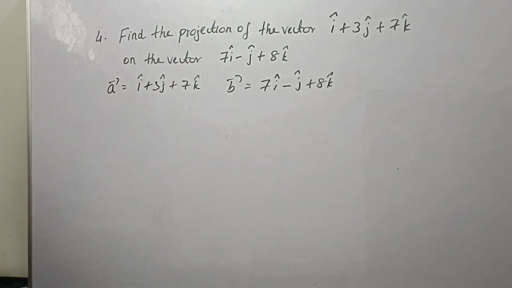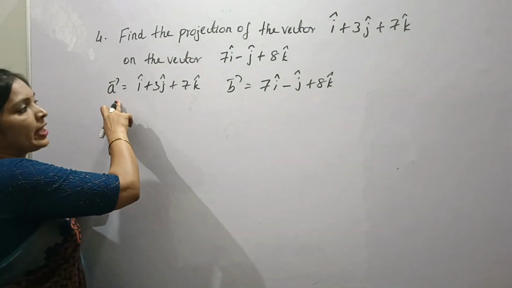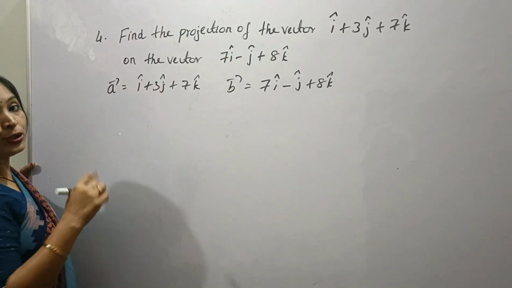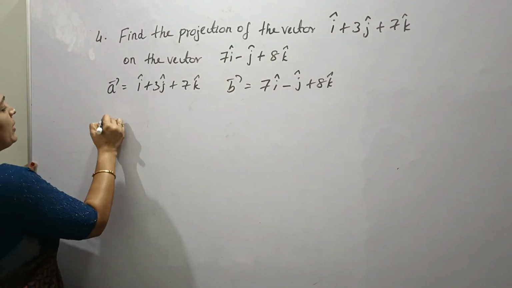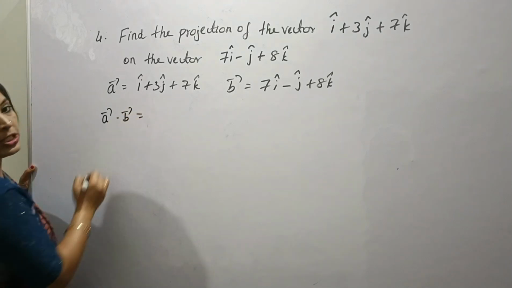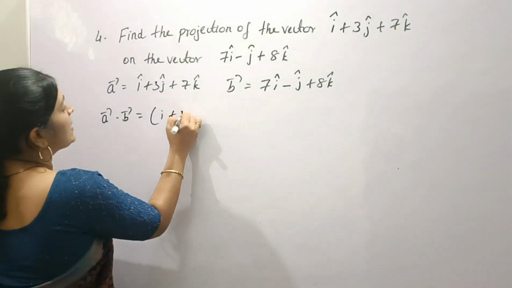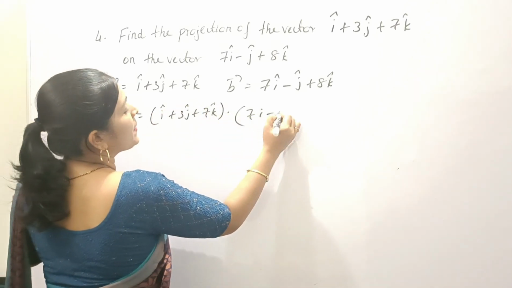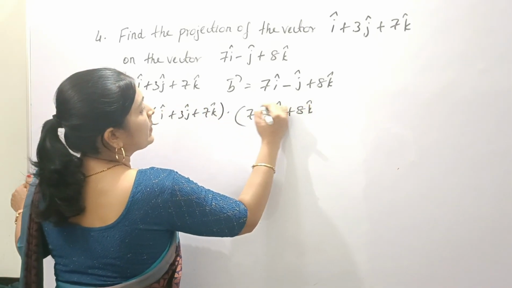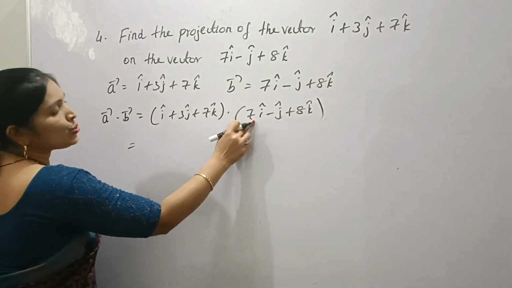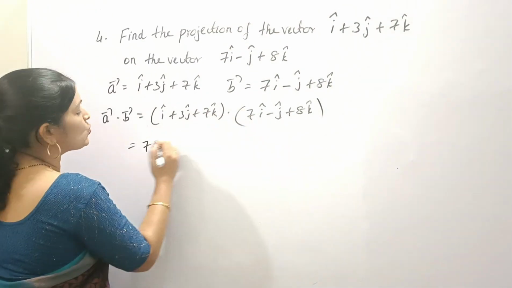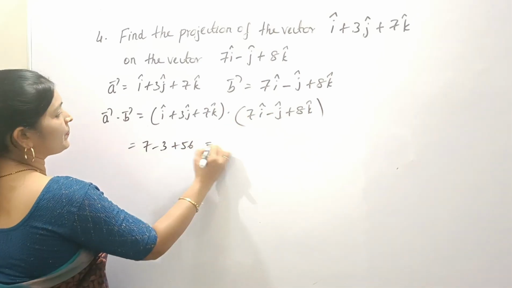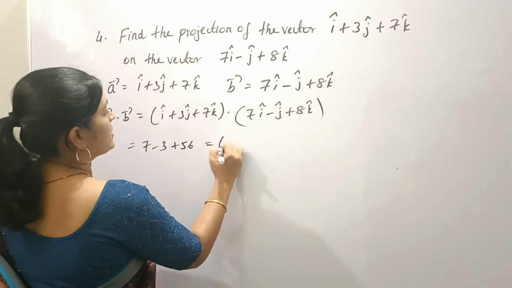Then we have to find the projection of vector A on vector B. For that we need to find vector A dot vector B. That is i plus 3j plus 7k dot 7i minus j plus 8k. That is equal to 1 into 7, 7, 3 into minus 1, minus 3, plus 7 into 8, 56. That is equal to 60.